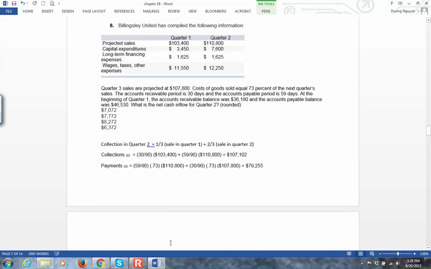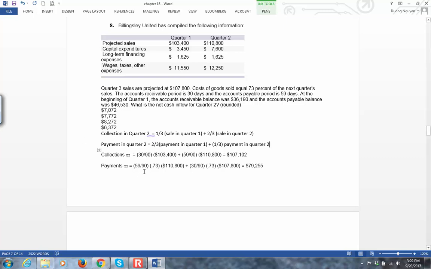Okay. Now the payment in quarter 2 is equal to, because account payable period is 59 days, what it means is payment in quarter 2 will be 2/3 of the payment in quarter 1 plus 1/3 of the payment in quarter 2.